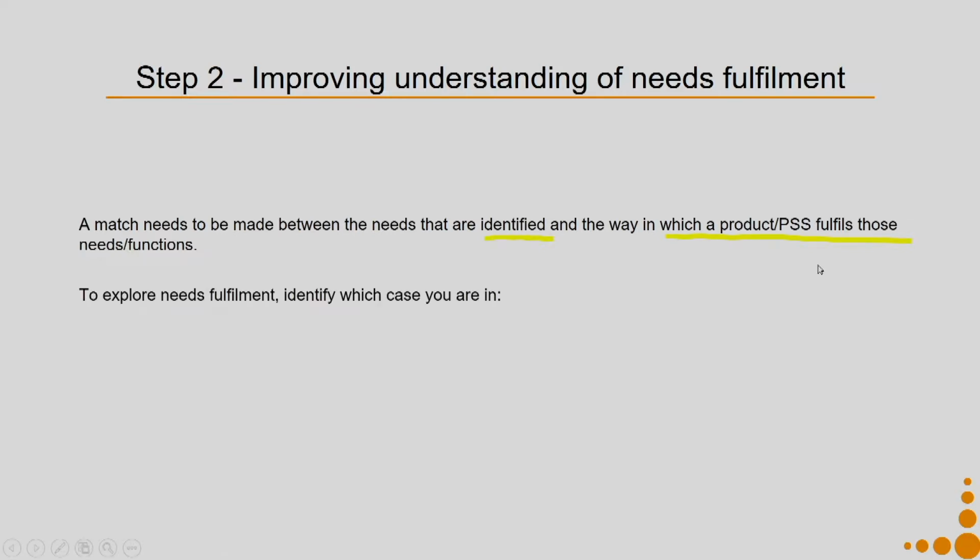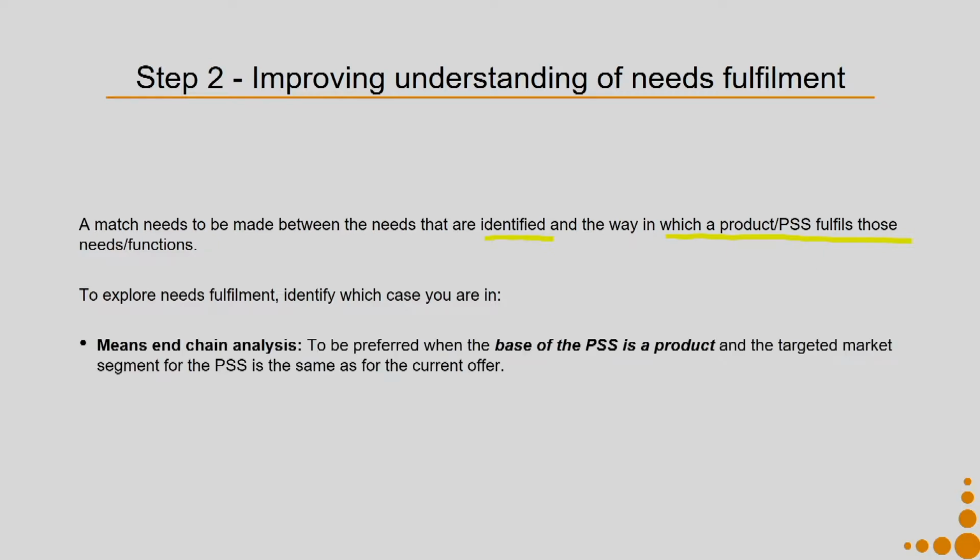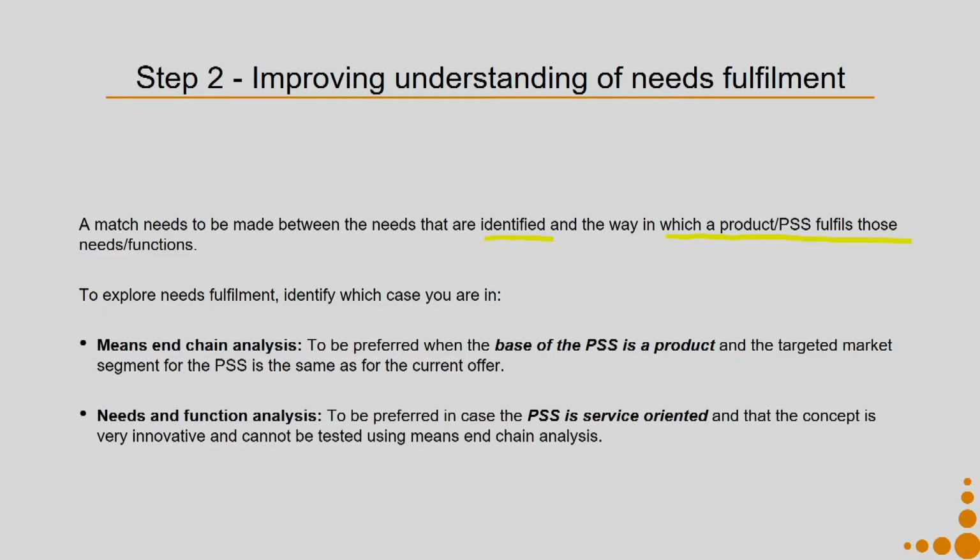So to explore needs fulfillment, identify which case you are in. You can either do a means end chain analysis, or a needs and function analysis. What's the difference? Means end chain analysis is to be preferred when the base of the PSS is a product. Remember when we talked about the types of PSS, we said there are 3 types: product oriented, service oriented and result oriented.